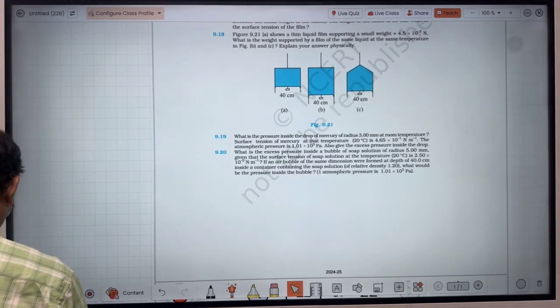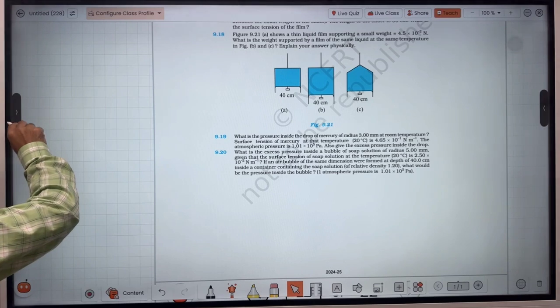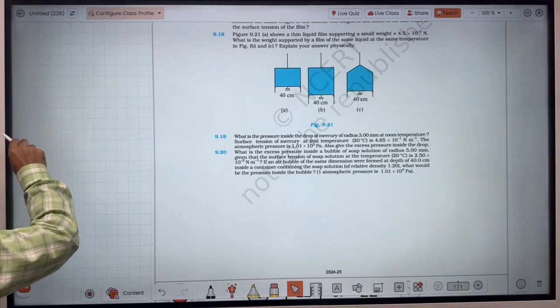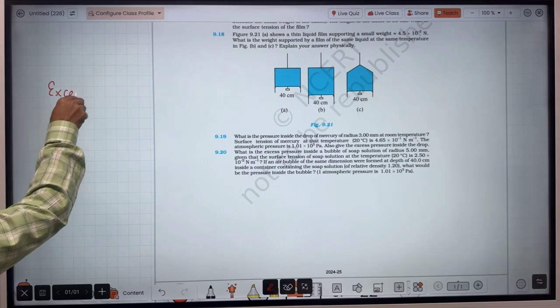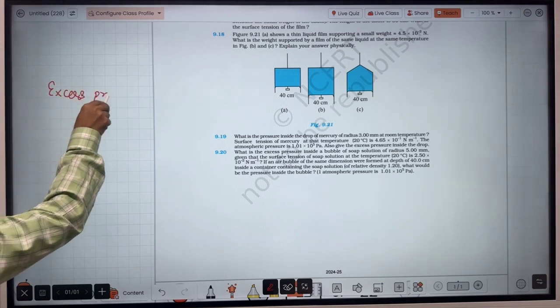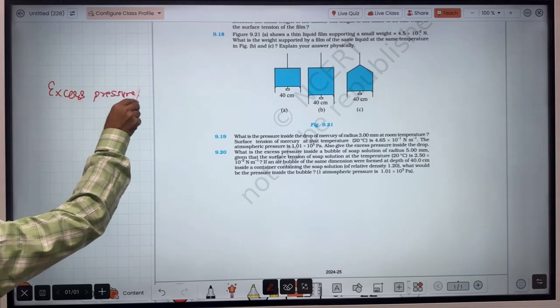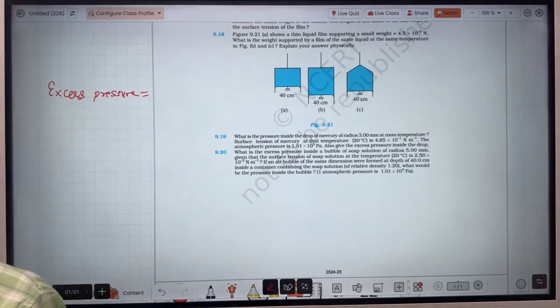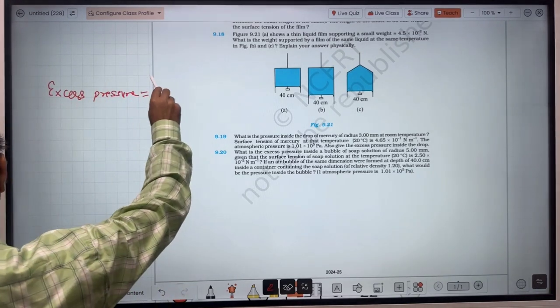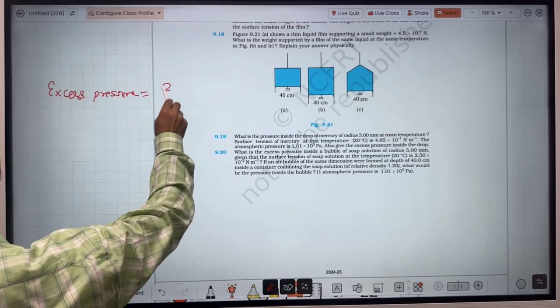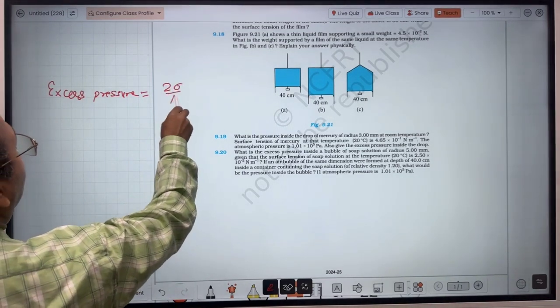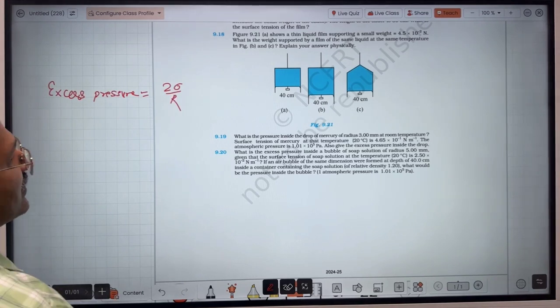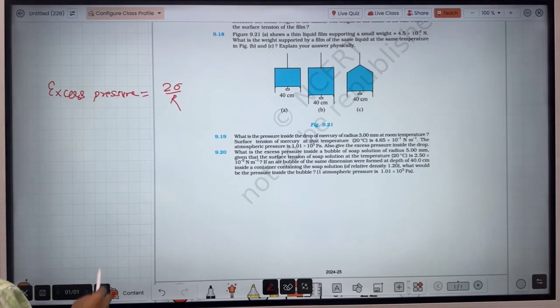The excess pressure inside a bubble or liquid drop is given by 2 sigma divided by the radius, where sigma is the surface tension. So we can put the values: twice the surface tension.